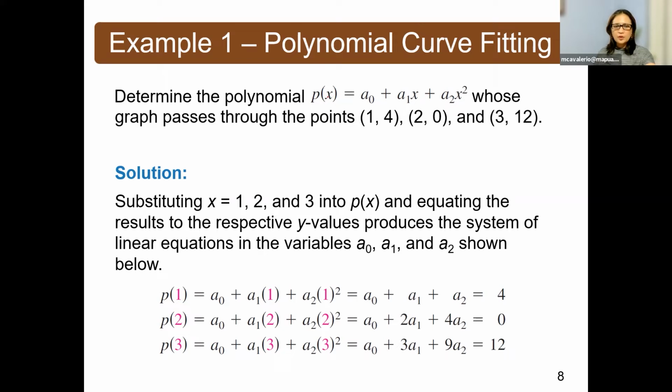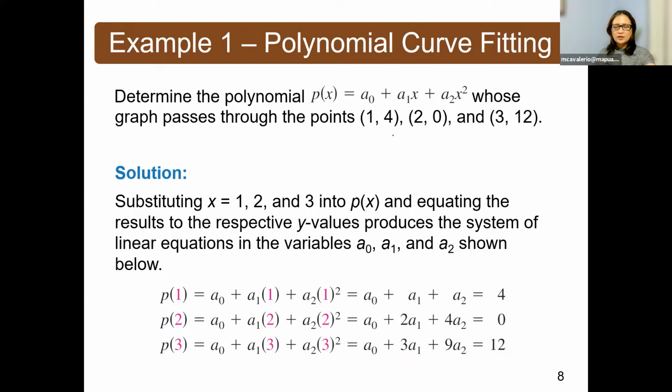For example, when x is equivalent to 1, we will have p of 1 equivalent to a naught plus a sub 1 times 1, plus a sub 2 times 1 squared. So we will have a naught plus a1 plus a sub 2, which is equivalent to p of 1, which is equivalent to 4.